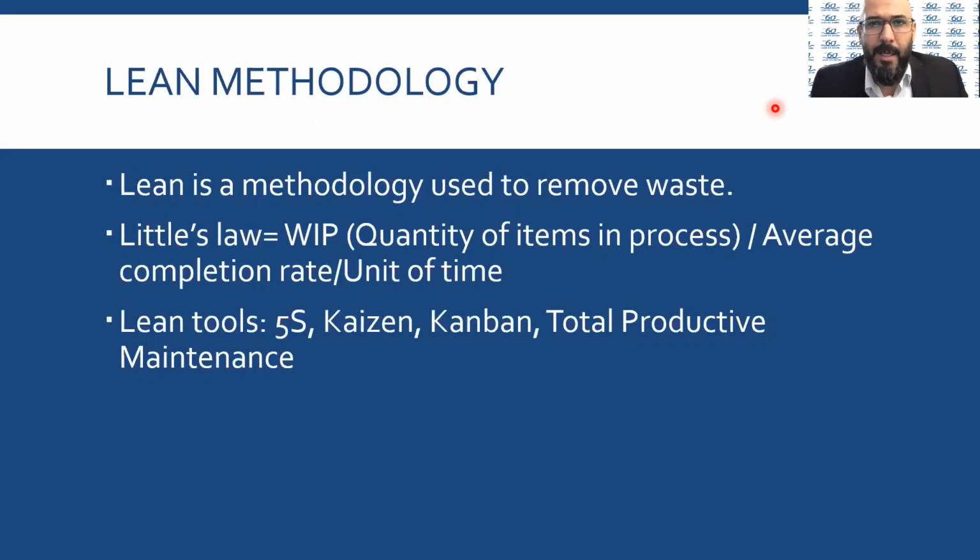One quantitative equation that we use in lean is called Little's law, and this will show you the relationship between the output and the work in process. Little's law says the work in process divided by the average completion rate gives the flow unit. It will show you the flow of your process in comparison to the work in process units.